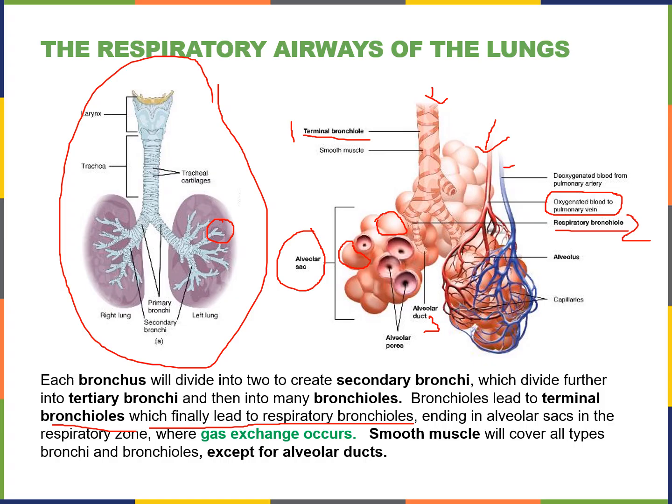Here in blue is deoxygenated blood, transported by the pulmonary artery. Deoxygenated blood comes to the lungs because it's carrying lots of carbon dioxide. And the pulmonary vein, I should put the arrow going the other way, because that is taking blood away from the lungs to go back to the heart.